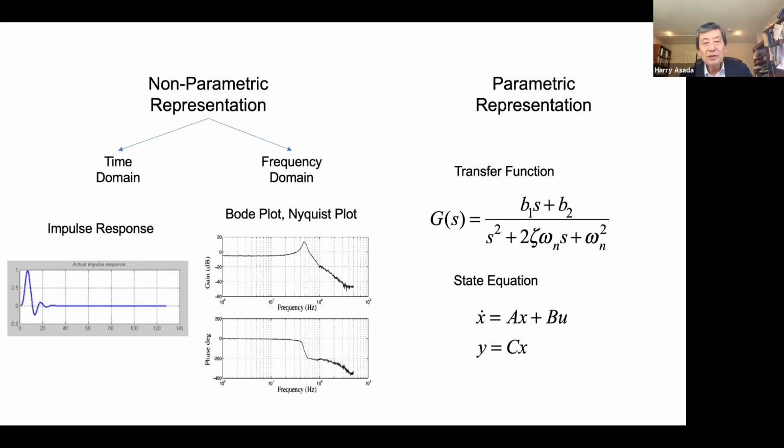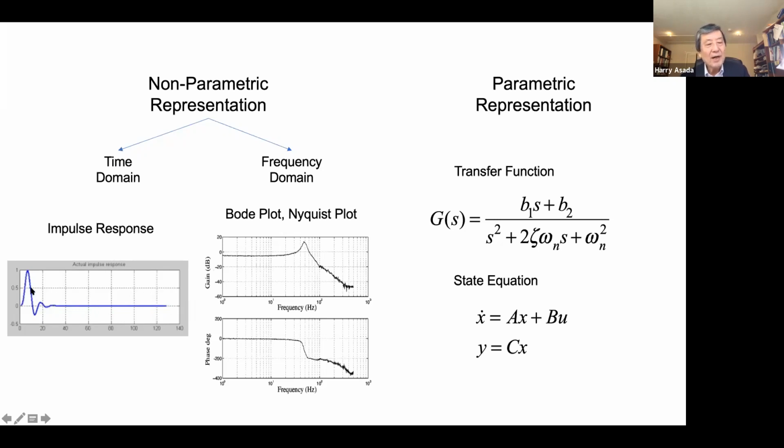So non-parametric representation doesn't depend on any specific model structure. Instead, for instance, in the frequency domain, a Bode plot. It's just a plot, but I know this is a representation of the linear time invariant system. Likewise, in the time domain, the impulse response is basically the way to represent this.